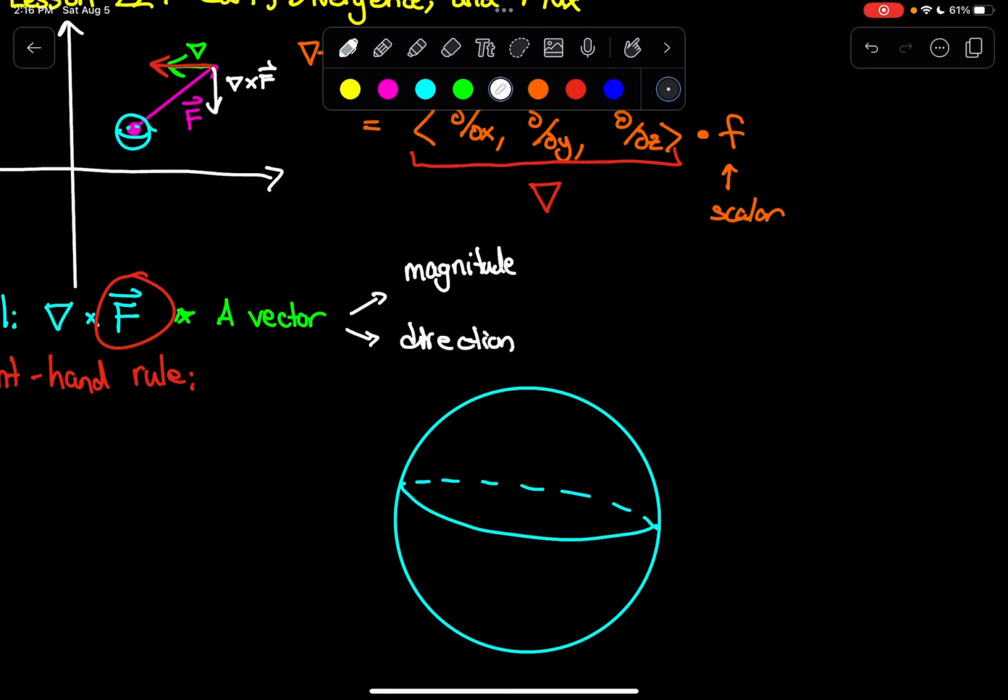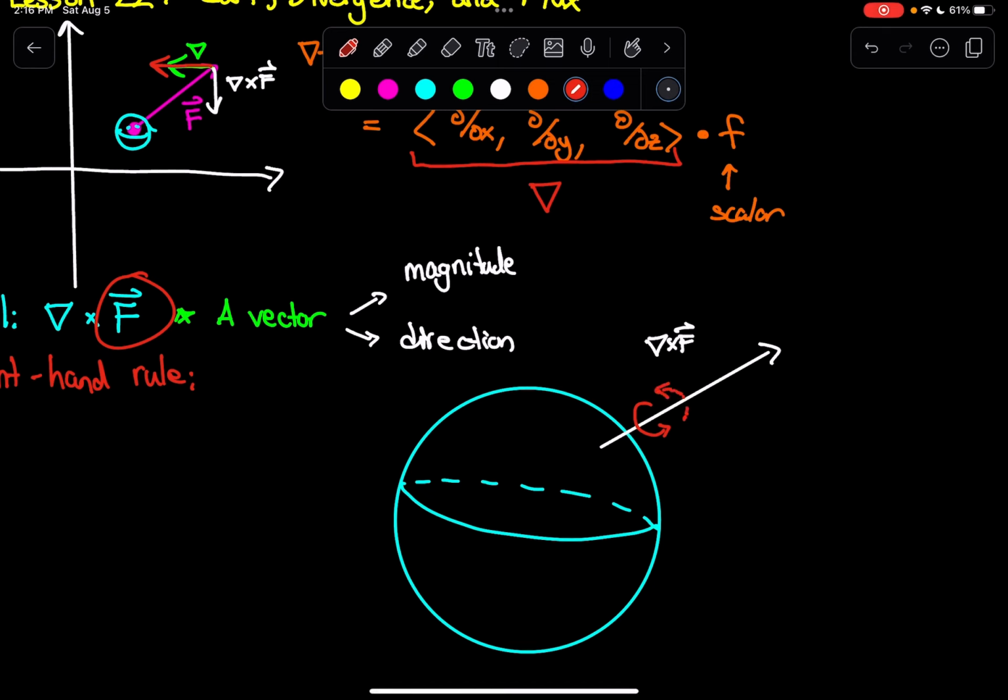If you calculate del cross F and you get the curl vector, okay, let's say our curl vector were to point out this way like so, okay, this is our curl vector, del cross F. Here's what will happen. Number one, what this tells us is that our ball is going to rotate in this particular direction, like so.